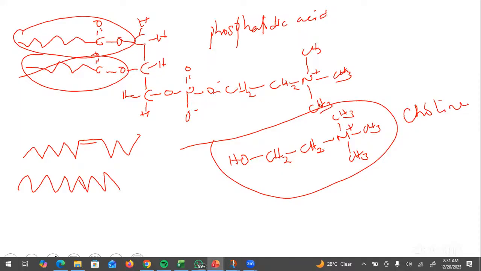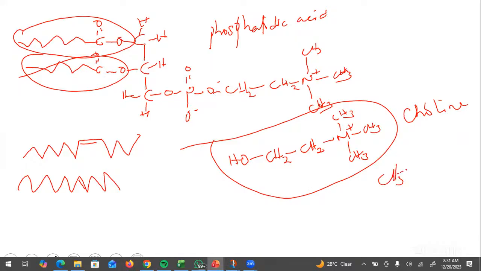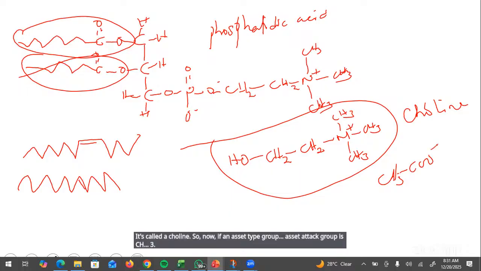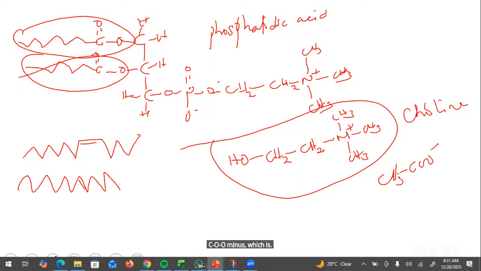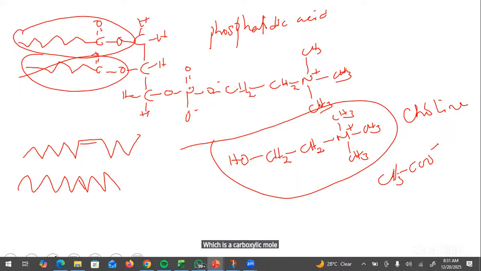So now, if an acetyl group is CH3, COO minus, which is a kind of acetate, an acetate is a carboxylic molecule or an organic acid.